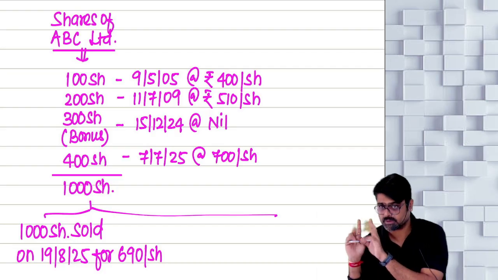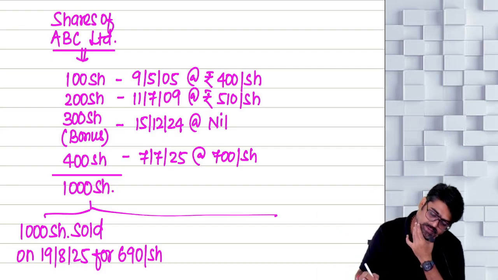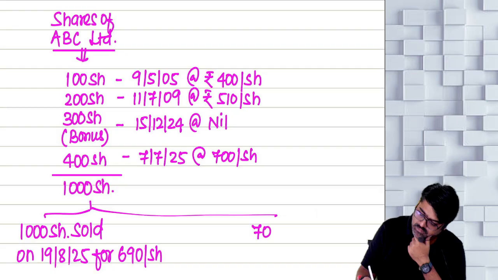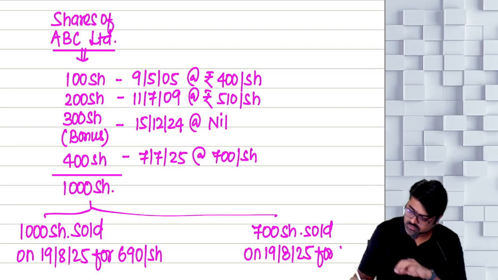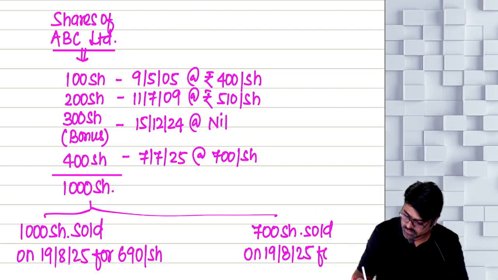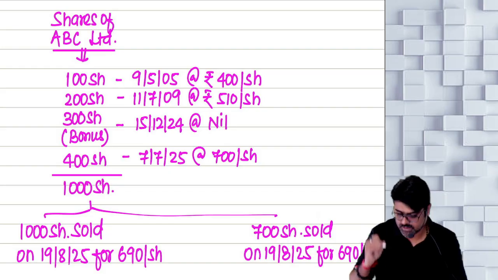First possibility. Now second possibility. Out of the 1,000 shares, he is selling 700 shares only. 700 shares sold on the same date, on 19th of August 2025 for the same 690 per share.